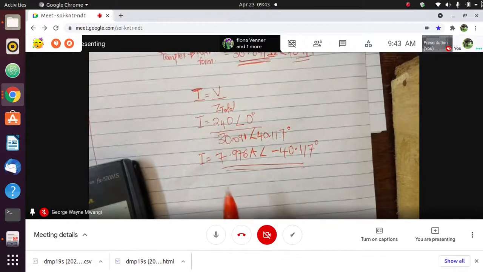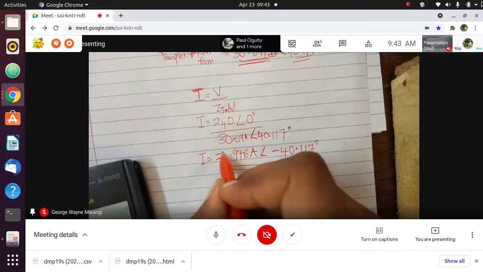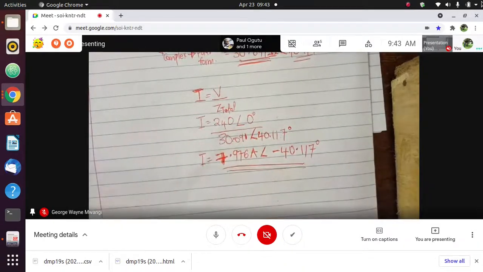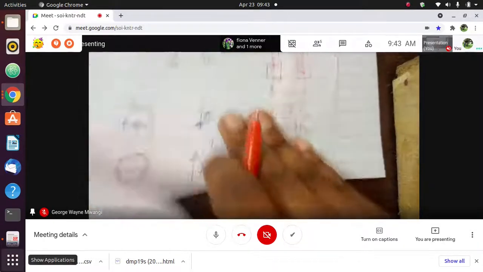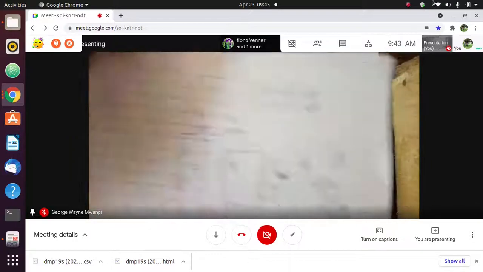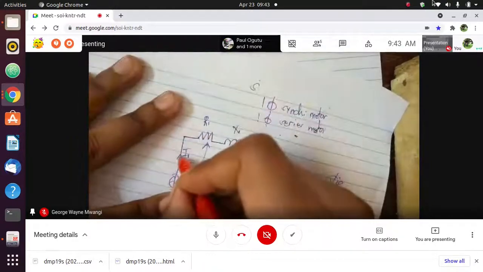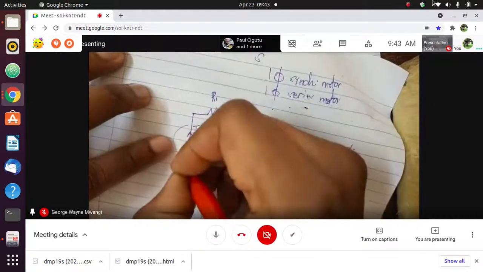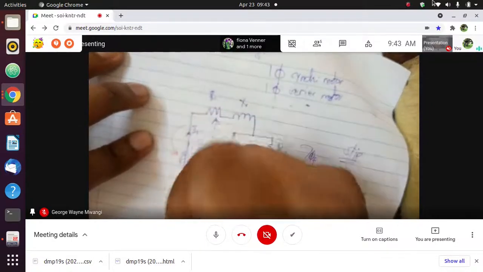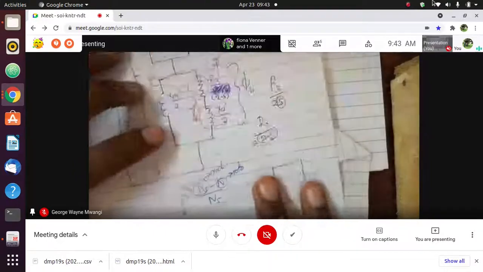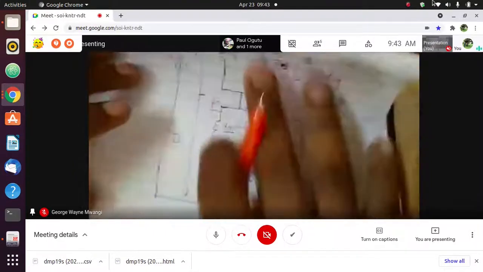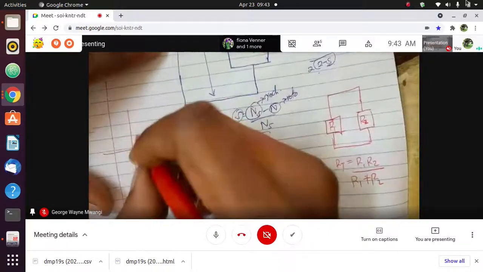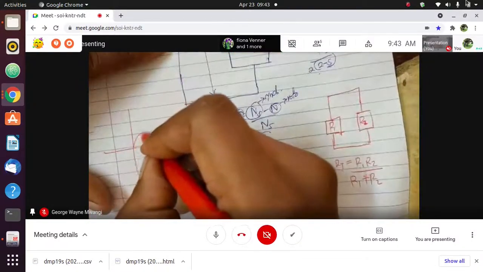Now what does this mean? This means that the current flowing in the stator is lagging the supply voltage. Now, what do I mean when I say it is lagging the supply voltage? Remember that this is an alternating current.